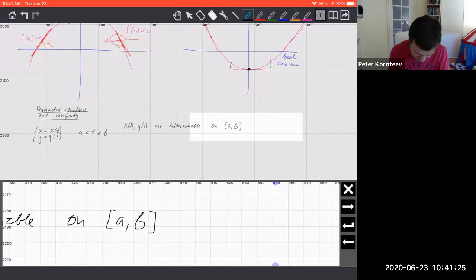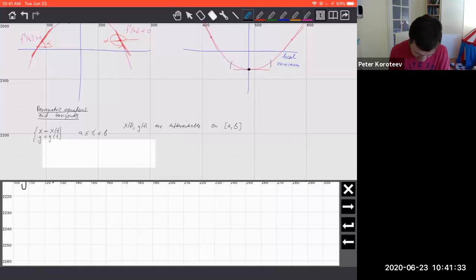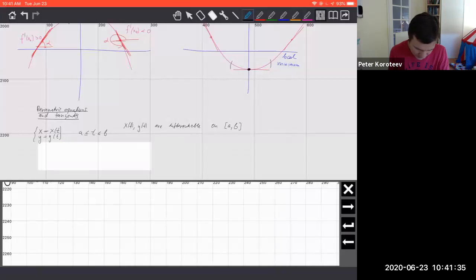So in other words, the derivative exists at every point. That also implies that they're continuous. This is just to simplify the derivation, although the whole story can be generalized to curves which are piecewise differentiable, where the derivative exists only on some parts and may not exist at certain points.